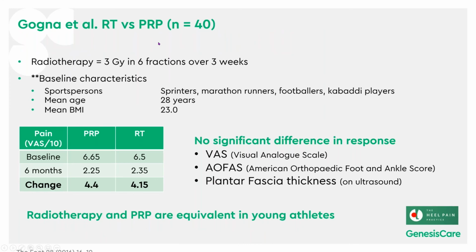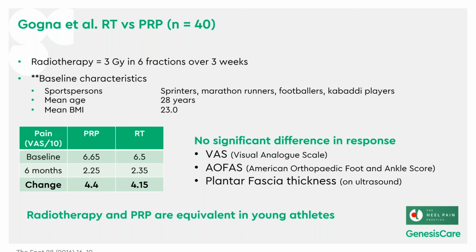Now, the Gonya trial was a little different. This was radiotherapy versus PRP. And the radiotherapy was given with 3 gray and 6 fractions, which we'll see later is a very reasonable dose. But in fact, they were very different patients. These were sports people. Their mean age was much less than the other trials. So remember, it was around 56 years old on average. These were 28 years old, and they also were just very fit.